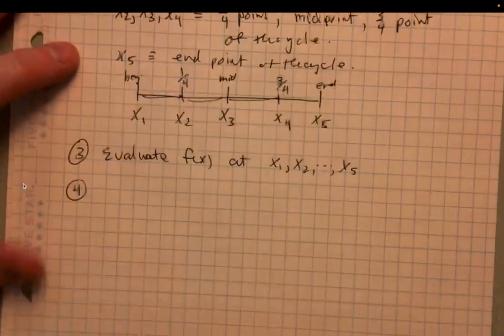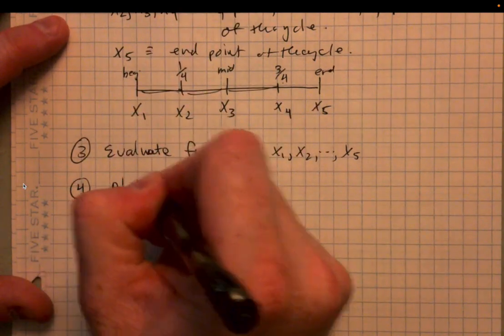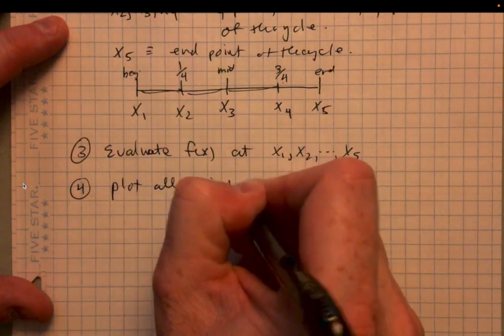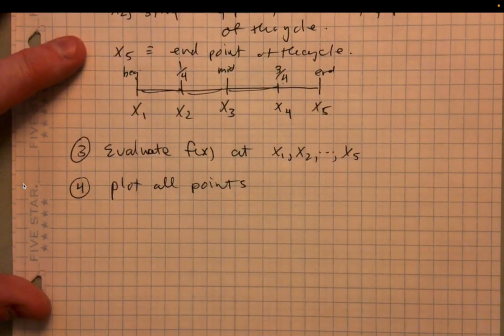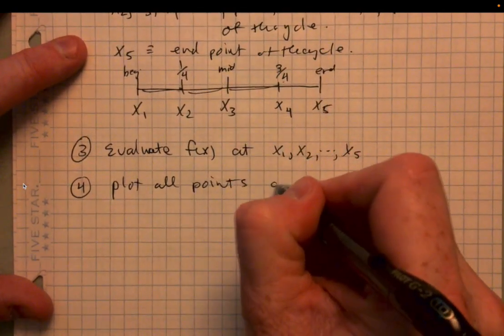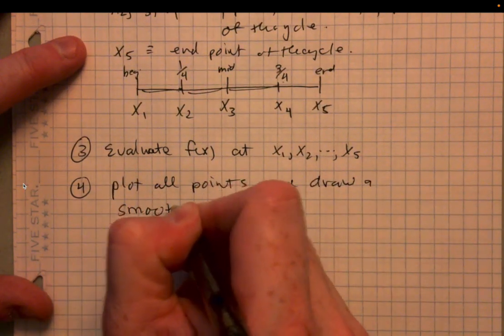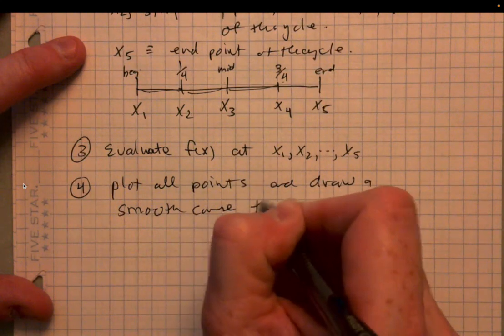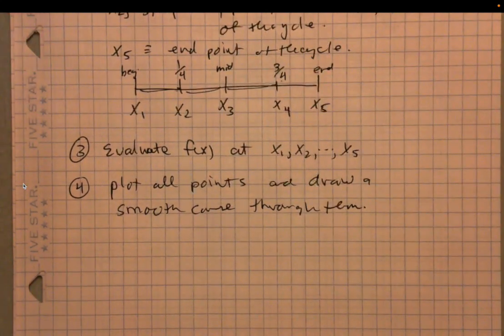Step 4 is we're going to plot the points and draw a smooth curve through them.